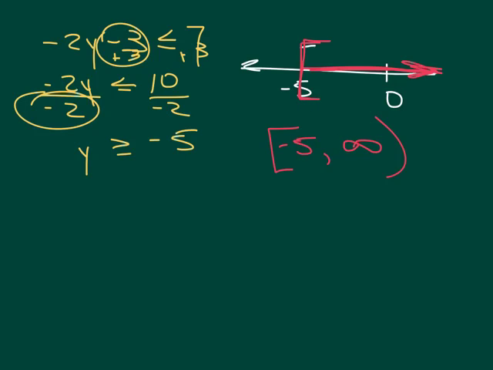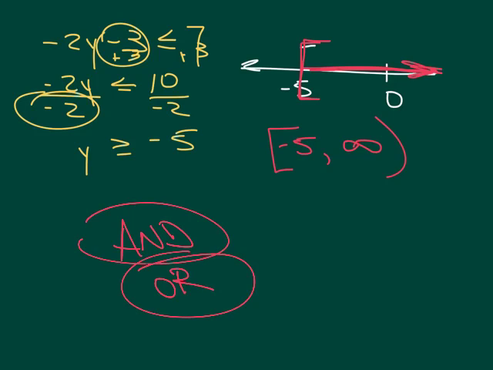Okay. Now what we have is what are called compound inequalities, which is on page 410. And the definition is a compound inequality is two or more inequalities connected by the word and or the word or. So and, or.